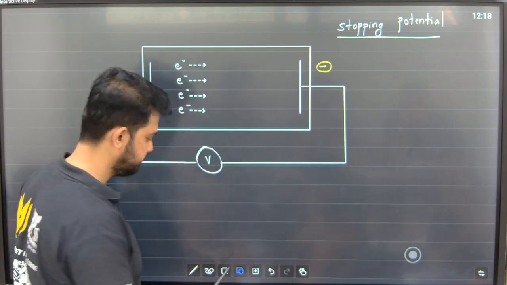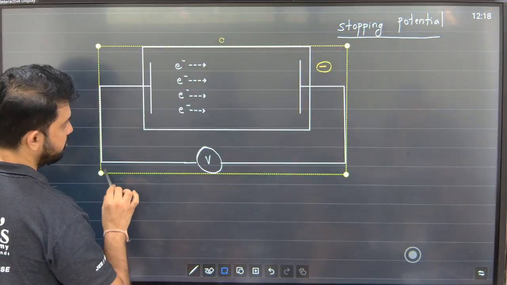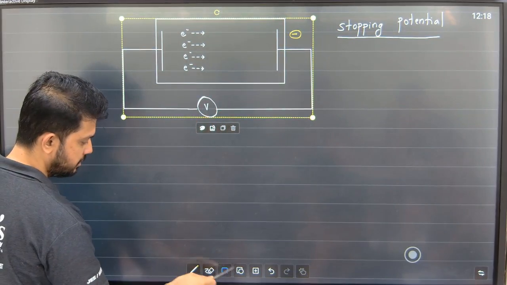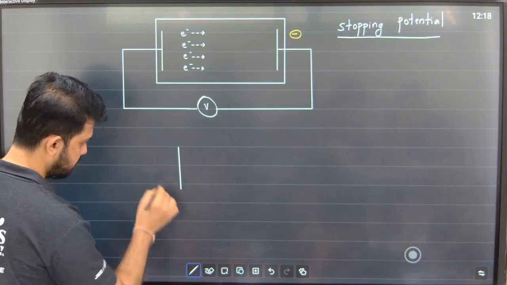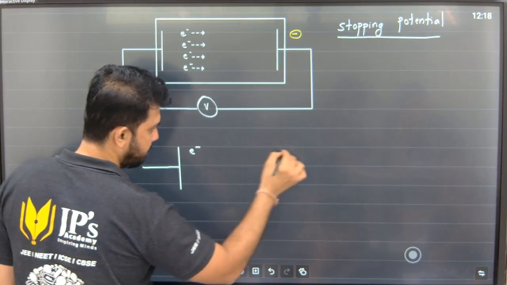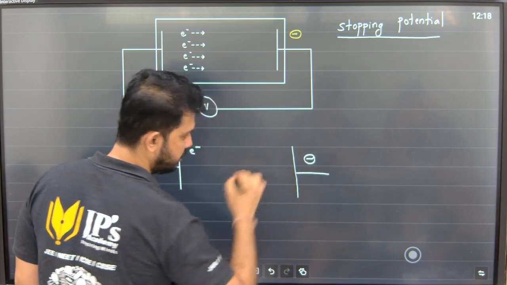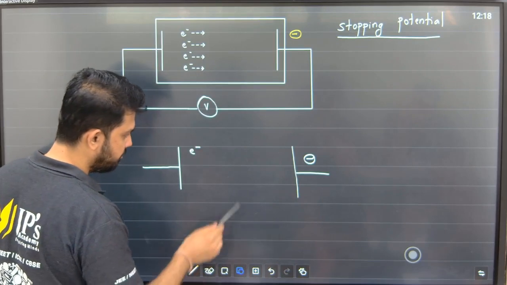Okay, but see, the electrons travel with very high velocity. So let's say the electrons are flowing from here, and this is the negative electrode, and they're traveling at very high velocity.